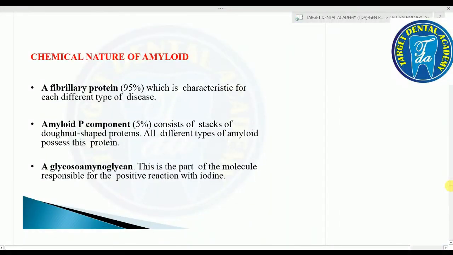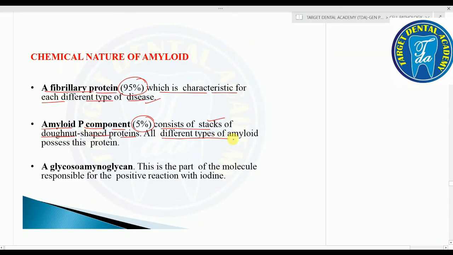So after this, let's discuss the chemical nature of amyloid. In this, there are three components. First is the fibrillary protein, which constitutes about 95% and is characteristic for each different type of disease. The amyloid P component constitutes 5% of the total, and it consists of stacks of donut-shaped protein.